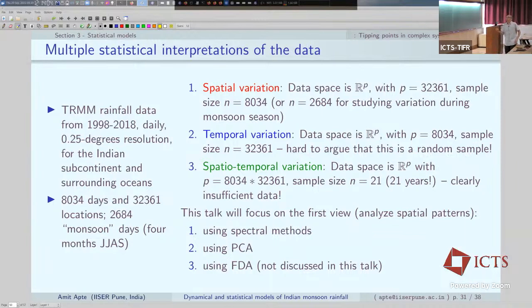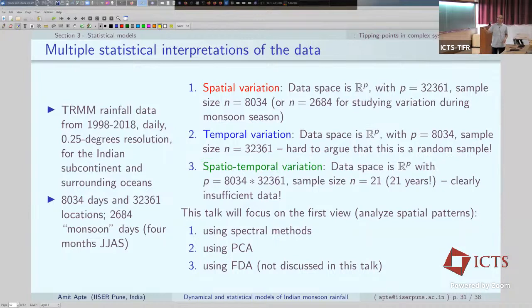Of course, the other possibility is to think of it as a spatiotemporal variation with a data space of 8,000 times 32,000 dimensions with only 21 sample points. Now inference becomes much, much harder. And this is really what we would like to do.